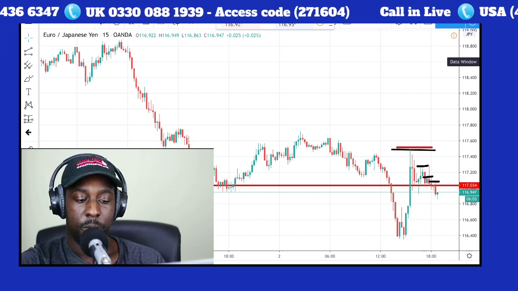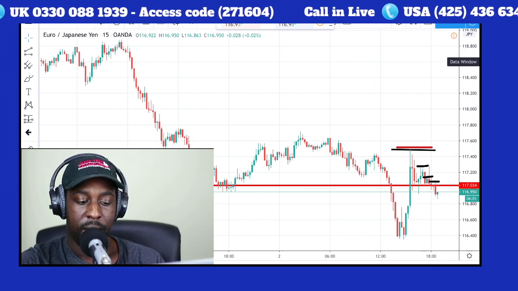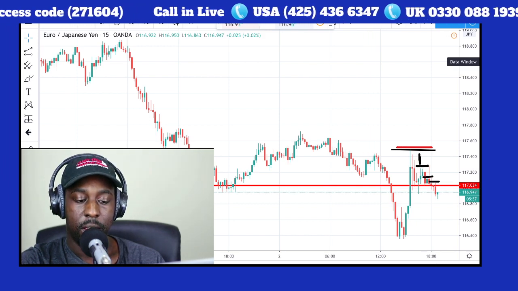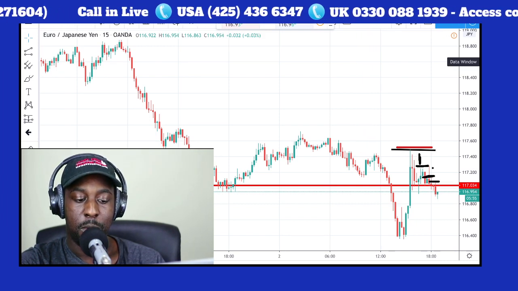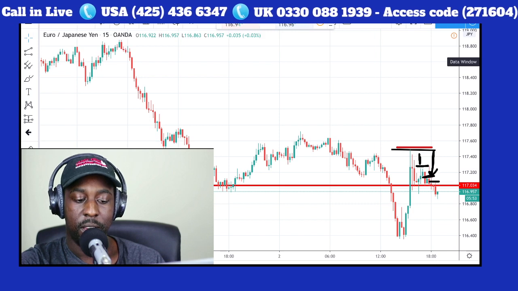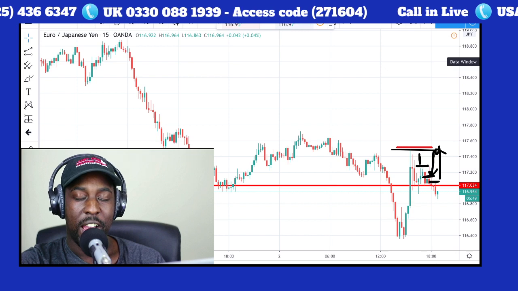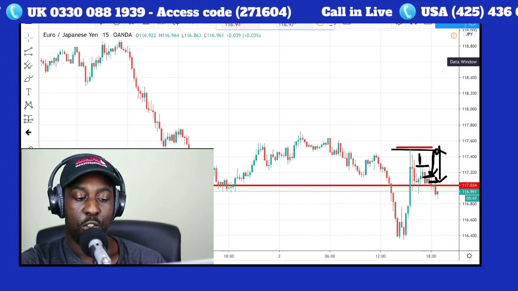Why? Because if I get a trade on from here, this is the logical risk. If I get a trade on from here, this is the risk. Almost the risk is doubled. If I get a trade on from here, this is the risk. Your entry will determine how much risk potential there is.